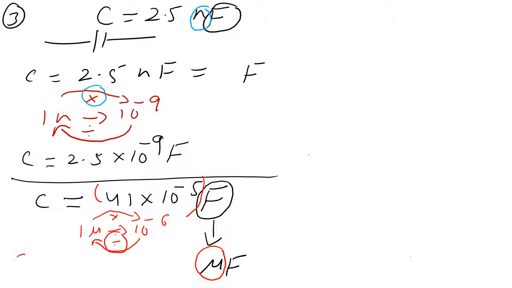So here C is equal to 41 into 10 to the power minus 5. Divide this value by 10 to the power minus 6. After the calculation, this will come 410 microfarad. So this is a reverse conversion.